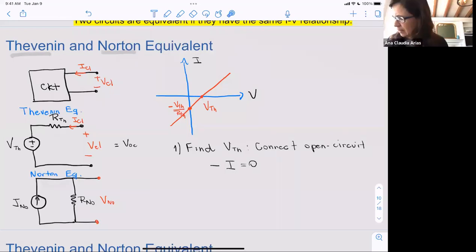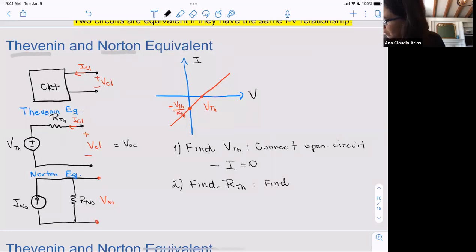Okay, the second thing that we did was what? Second, we find R Thevenin. And why do we find that? Because if we find R Thevenin, we are, in practice, finding the slope. And how did we find the slope?